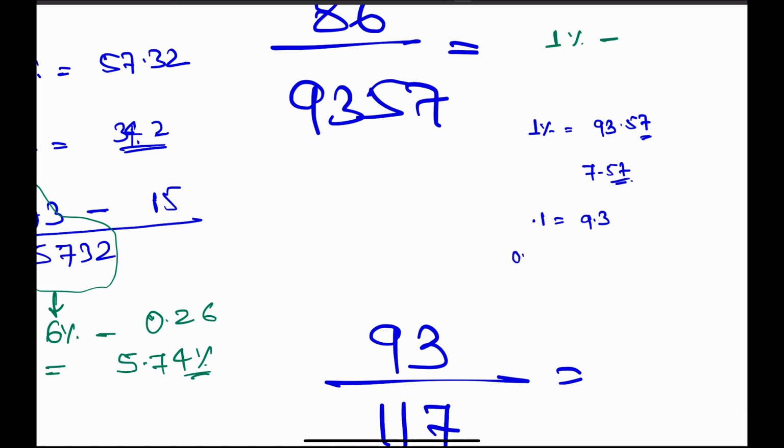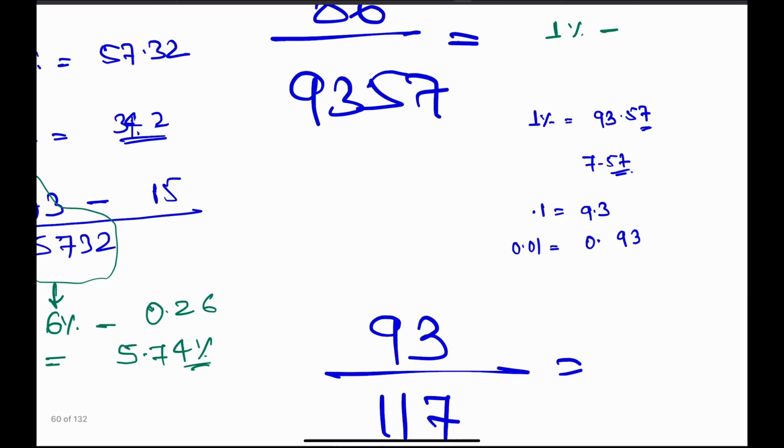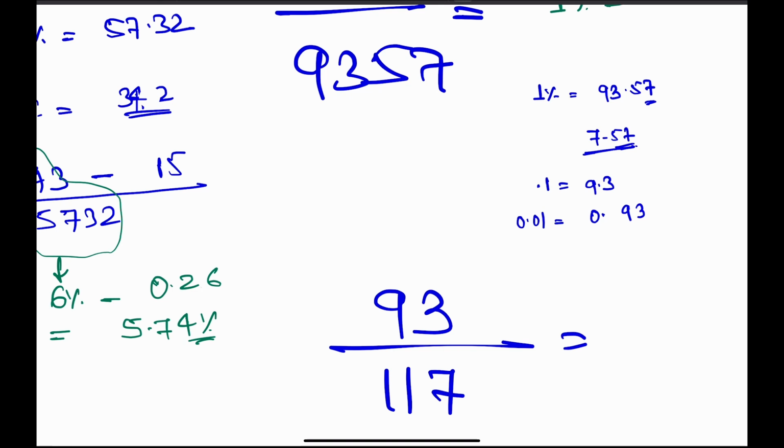Or we can think about this also, 0.093, and yeah, this one will be, and we want to find 7.57.